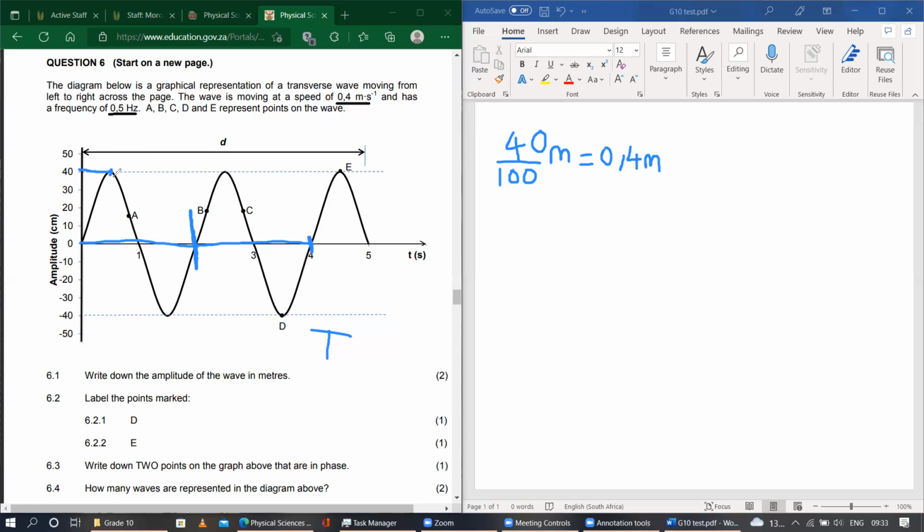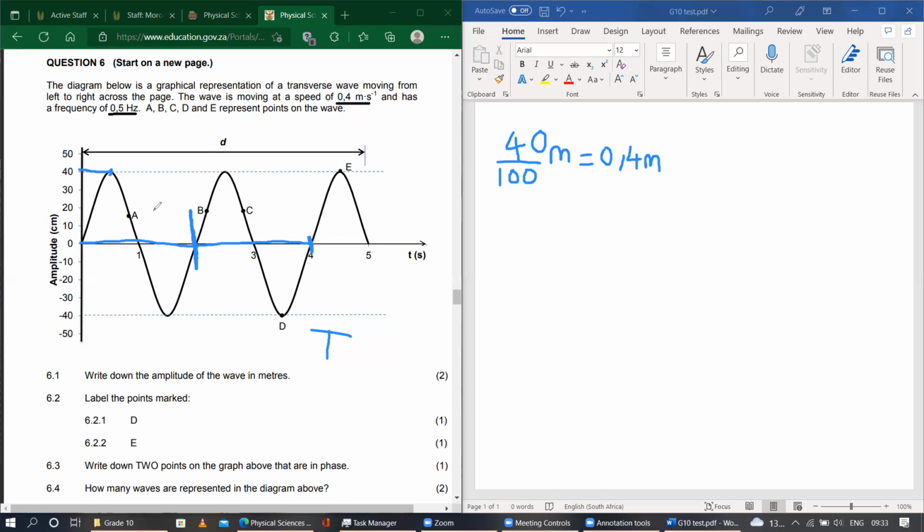As long as you know how to convert, it's going to be easier. When they say write down the amplitude of the wave, they will tell you what unit you must change it to.